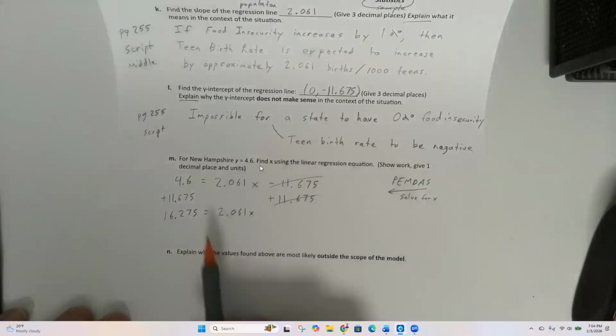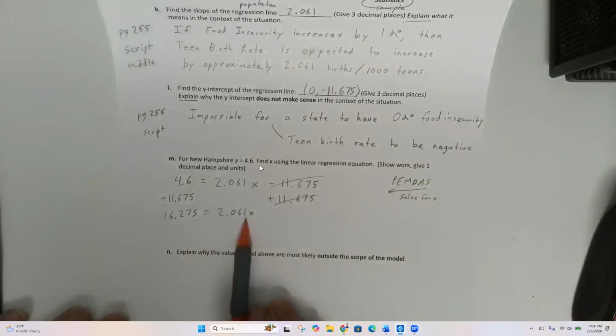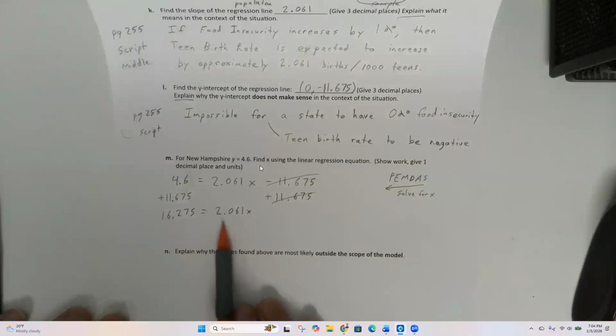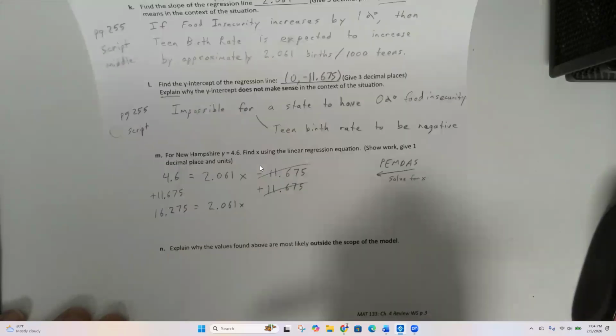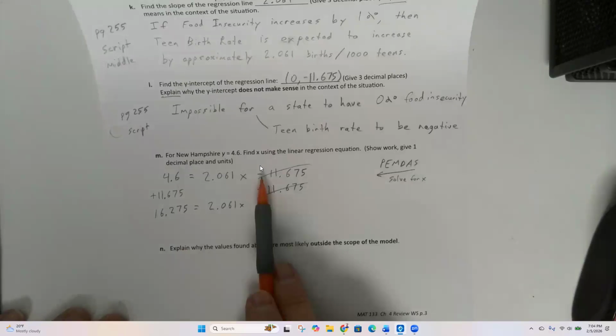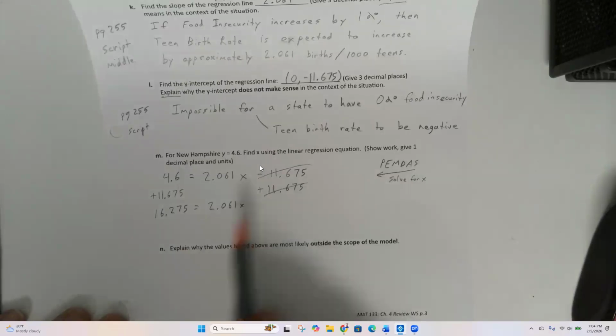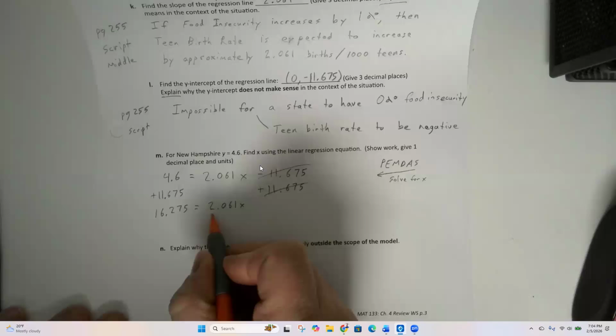Okay. Now I need to get rid of the 2.061. How do I cancel the 2.061? Divide, right? This was minus, so the opposite is plus. This is 2.061 times x, so the opposite of times is divide.